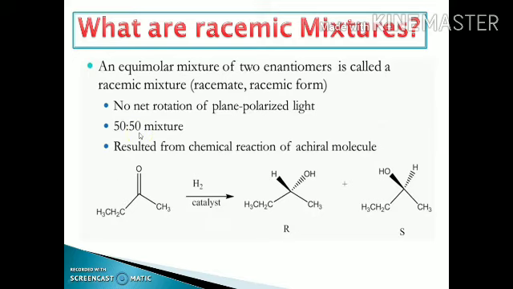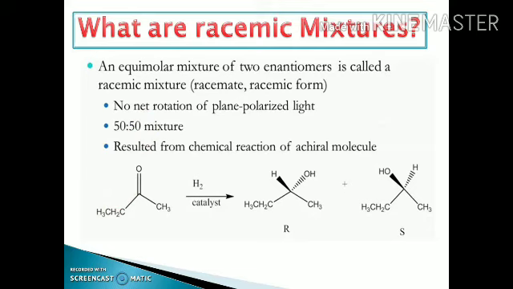Now we will discuss what a racemic mixture is. Racemic mixtures are mixtures in which the two enantiomers are present in equal quantity, meaning if in any solution the dextrorotatory and levorotatory forms are present in a 50-50 ratio, that solution is known as a racemic mixture, and racemic mixtures are optically inactive in nature.